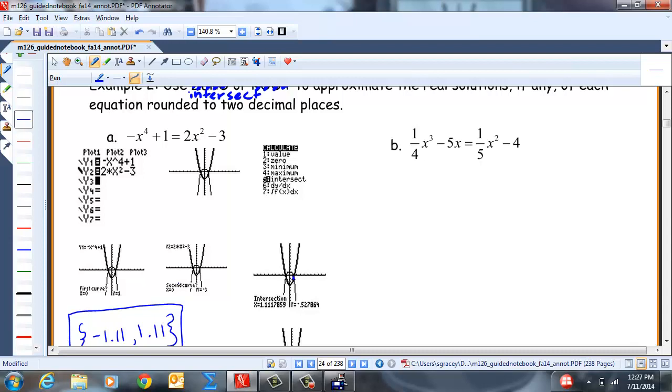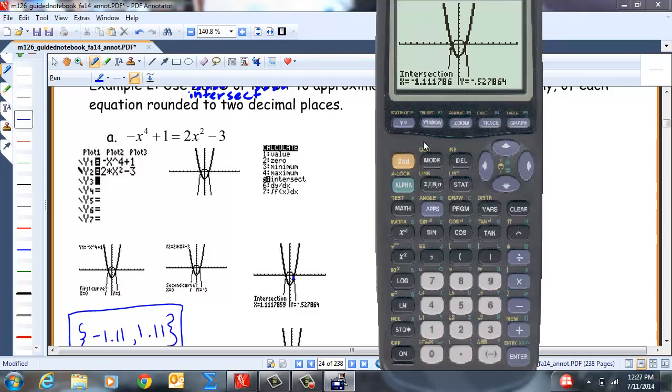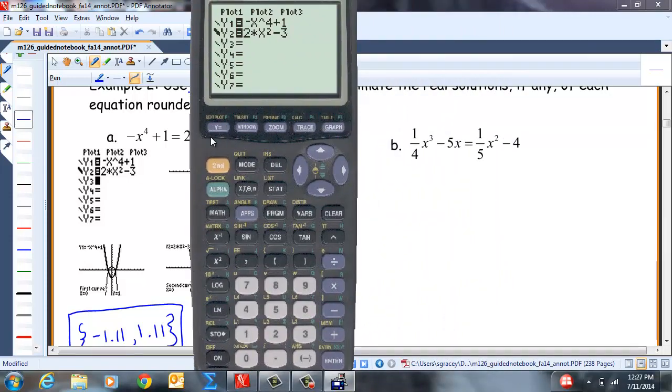Okay, let's see how you did. We'll move a little bit more quickly. So our y equals, in this case, the left side will be, clear these out, 1 divided by 4 times x cubed minus 5 times x.